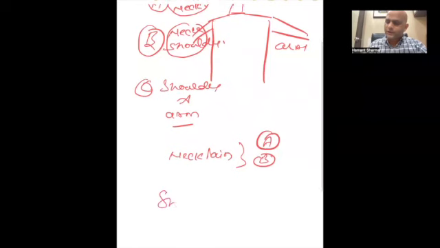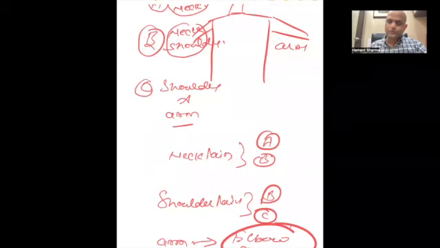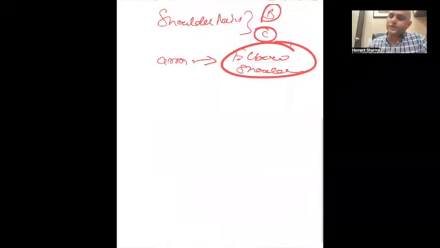Someone is having shoulder pain, you can use B as well as the C point. Both points can be used. Someone is having arm pain, then you can just treat the C point. Arm pain means maybe pain in the elbow, pain in the shoulder, then you can use only the C point. So this A, B, C concept is very simple.